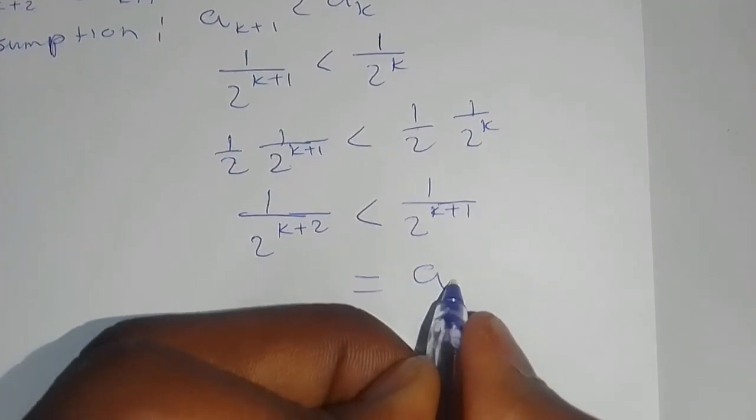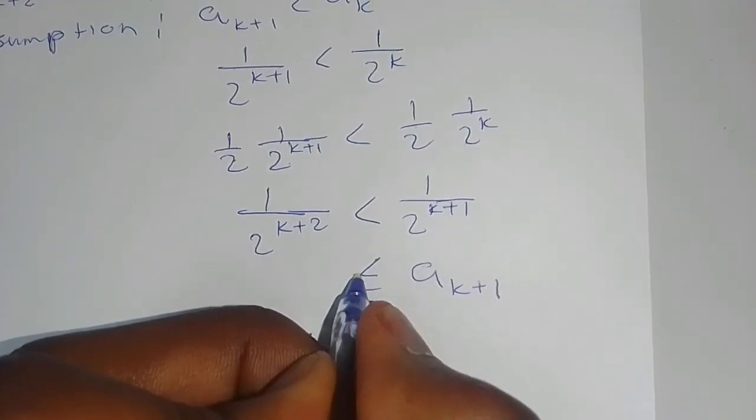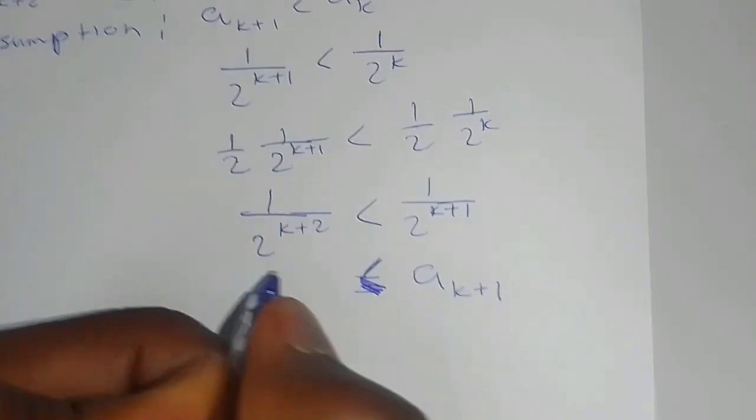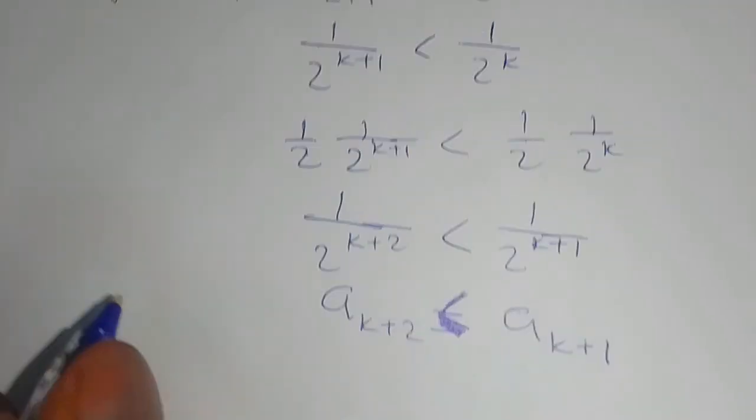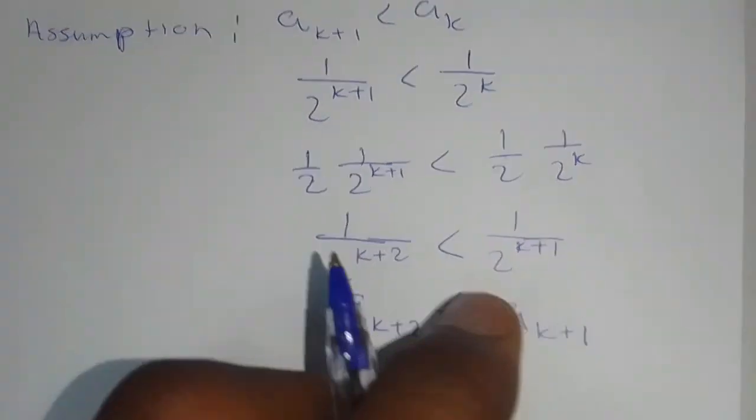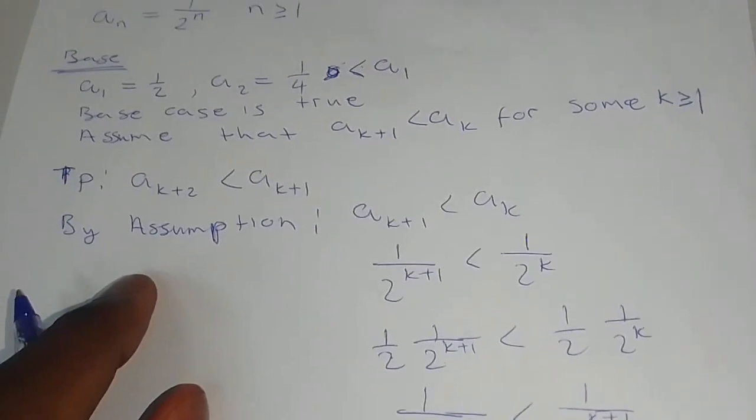And this one is a_{k+2}. So you prove that a_{k+2} is less than a_{k+1} from the assumption.